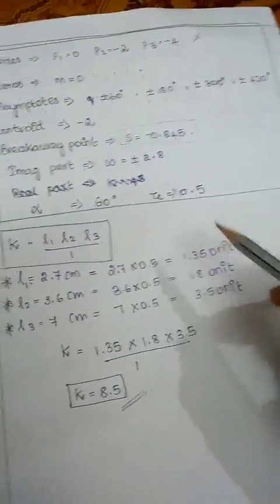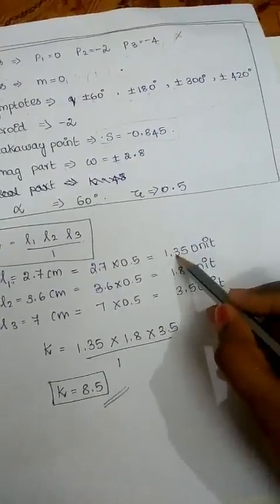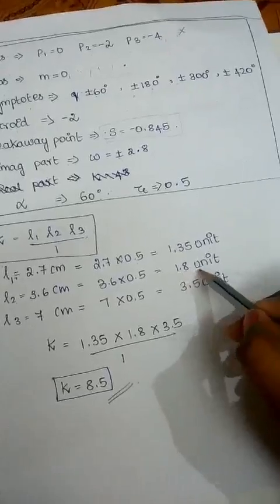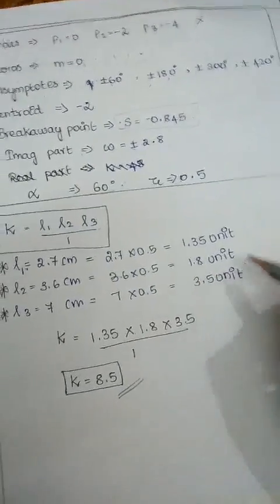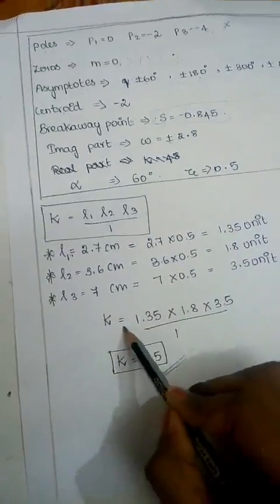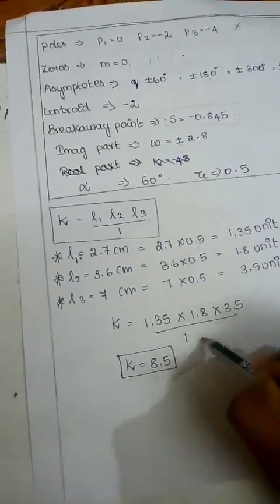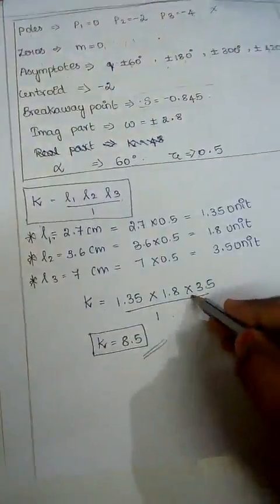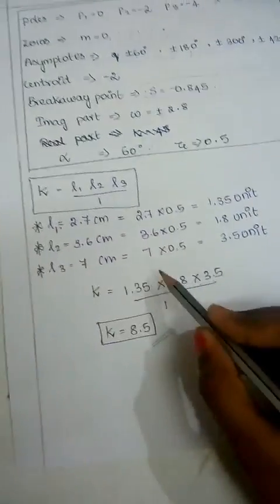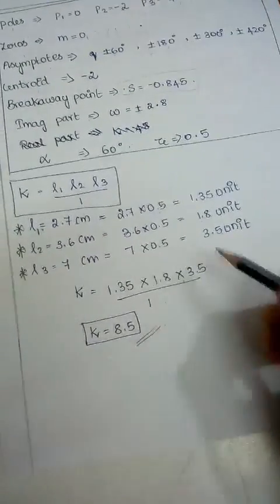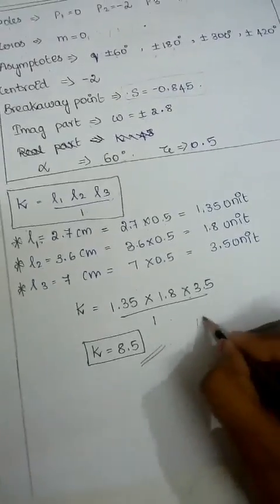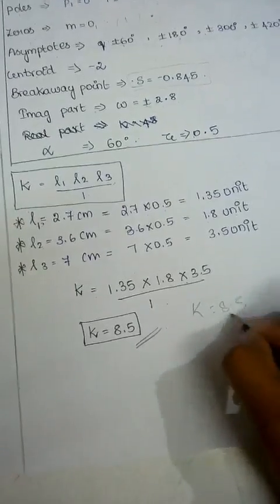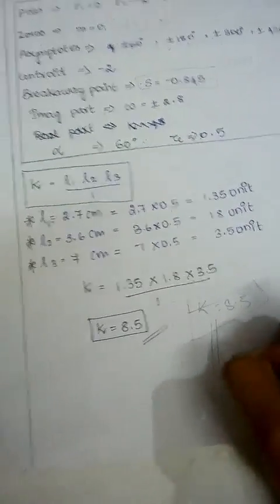So by using the calculator I multiplied 1.35 unit, 1.8 unit and 3.5 unit, and K equal to this format. I substitute all the answers in that formula, multiply all and divide, and I get the last value: K equal to 8.5. We get the K value.